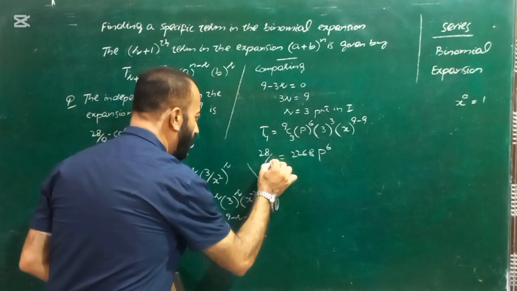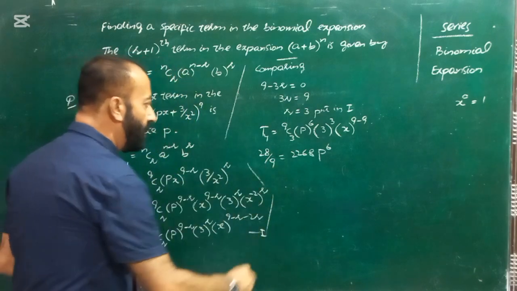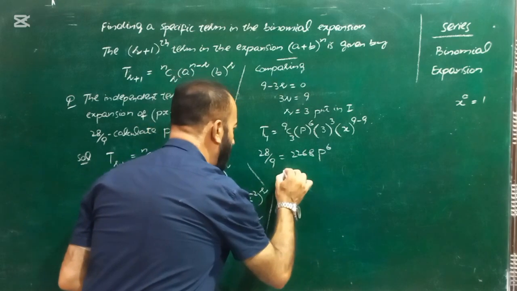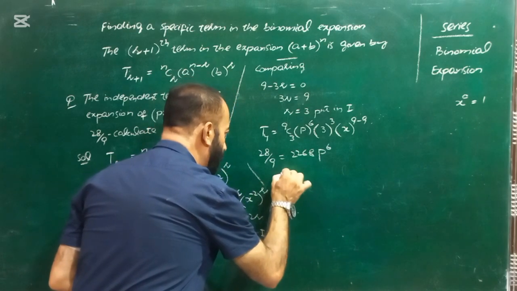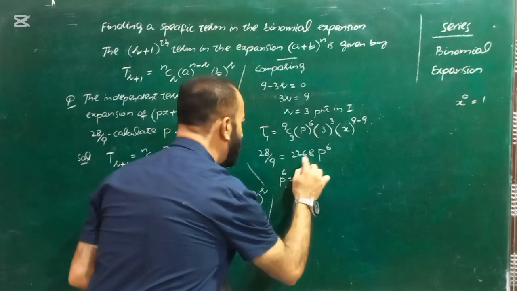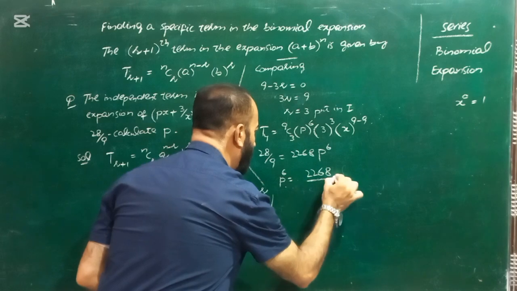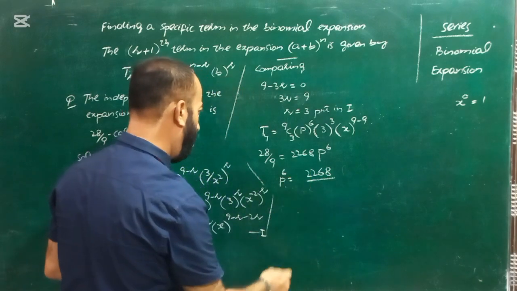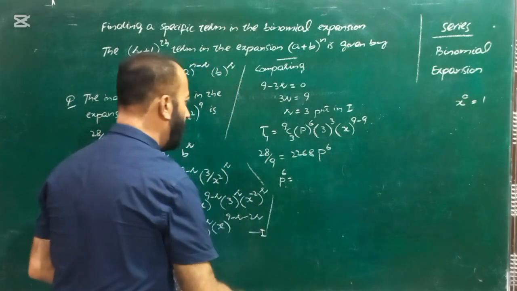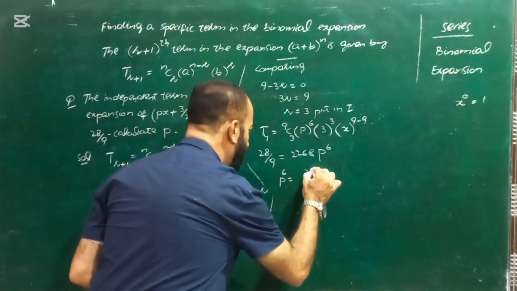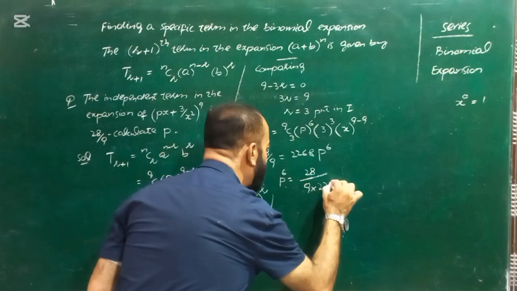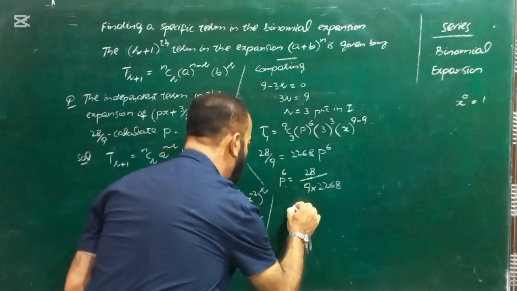So 28 over 9 will be put here now. So from here you can see p raised to power 6 is equal to 2268. Okay, so p raised to power 6 will become 28 over 9 multiplied by 2268. So solving it now.